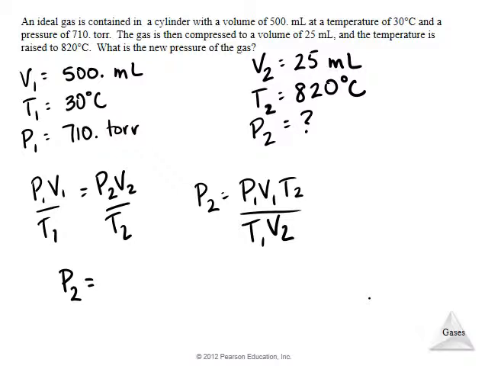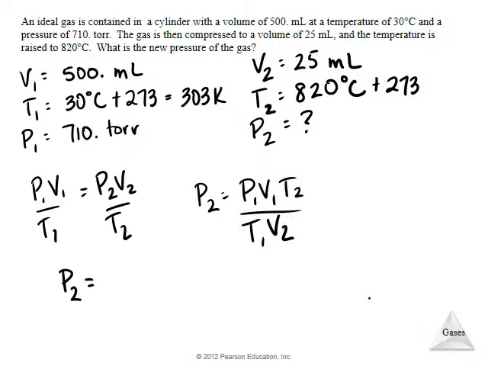So we need to have that always be a positive value, and to do that, we're going to change it to the Kelvin scale. So I'm going to add 273 to both of these, and it's actually 273.15, but 273 is close enough when we're doing gas law problems. So this becomes 303 Kelvin.